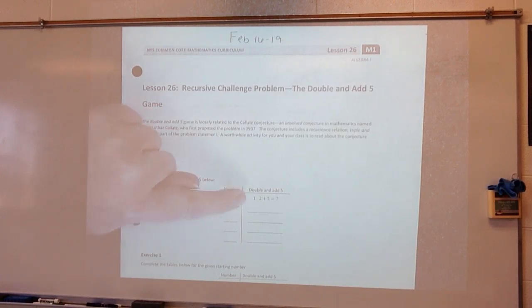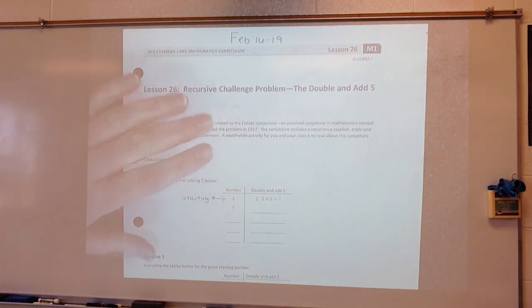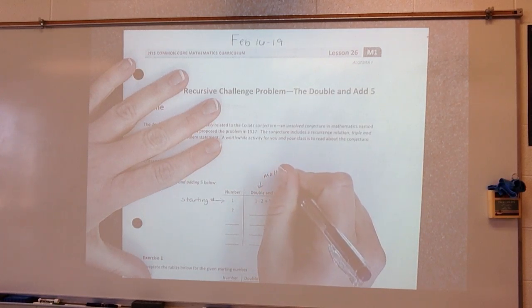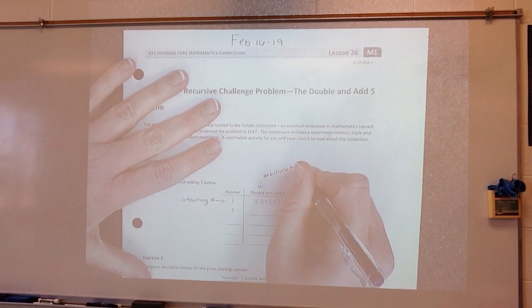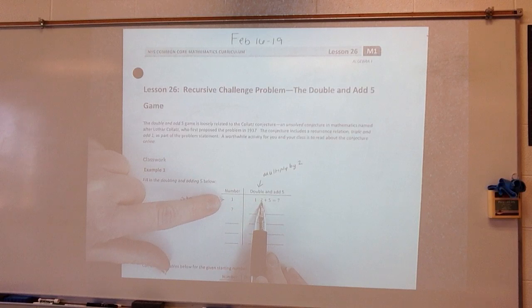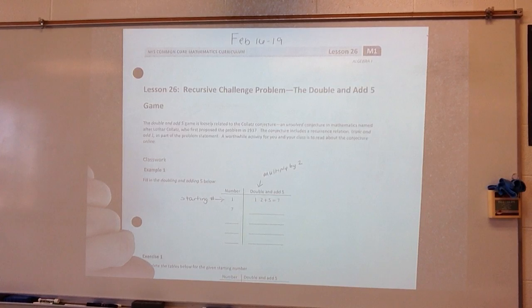I am going to double that. Double means to multiply by 2. And then I'm going to add 5. So when I do that, 1 times 2 is 2, plus 5 is equal to 7.